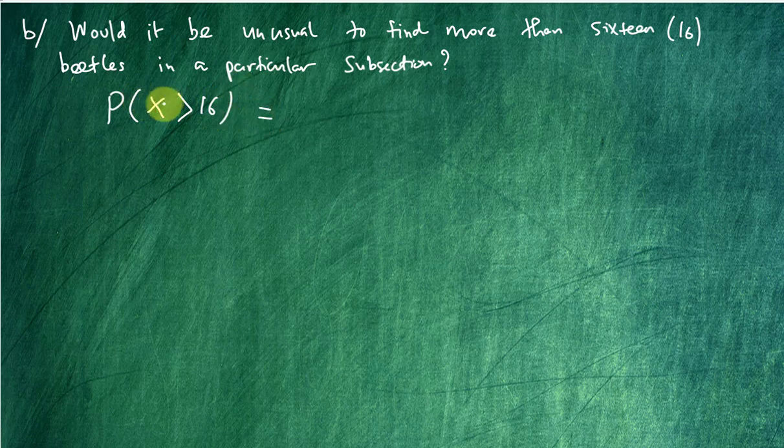So P of x is bigger than 16 is equal to 1 minus P of x is less than or equal to 16. Because it is difficult to find P of x is bigger than 16. It could be 17, 18, 19, 20, and so on. So you have to add all of them together. But instead of doing that, you can take the total sum of 1 minus anything less than or equal to 16.